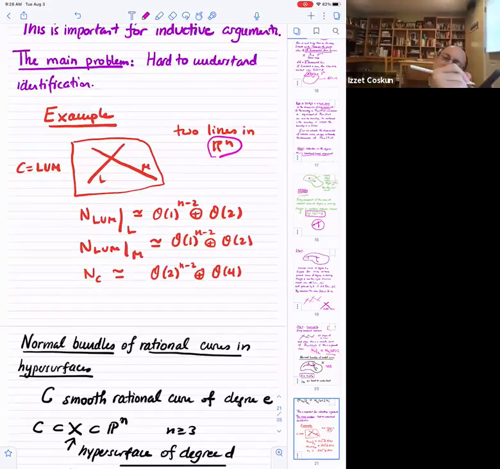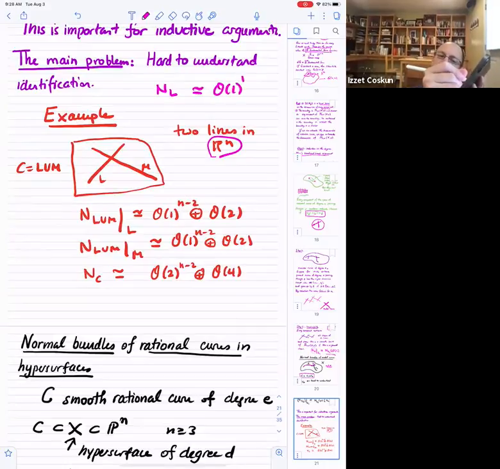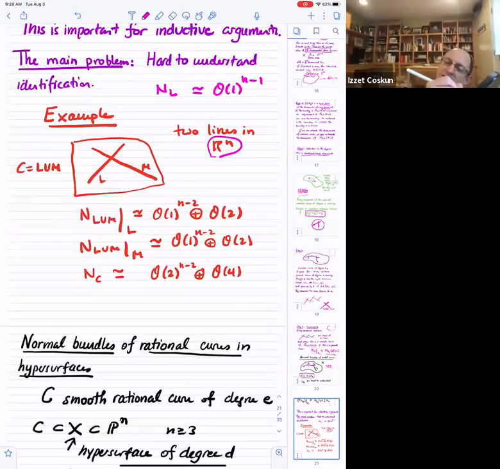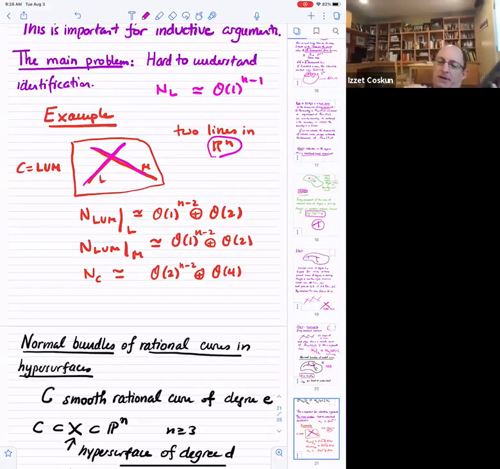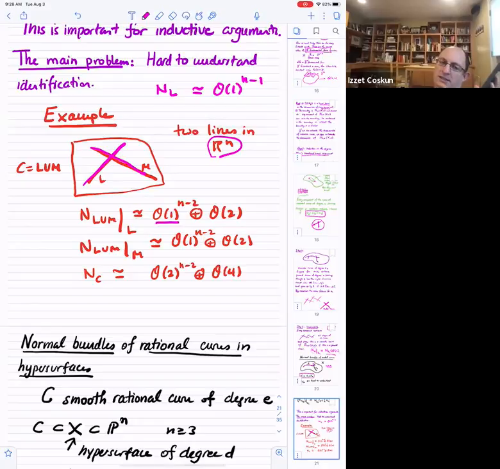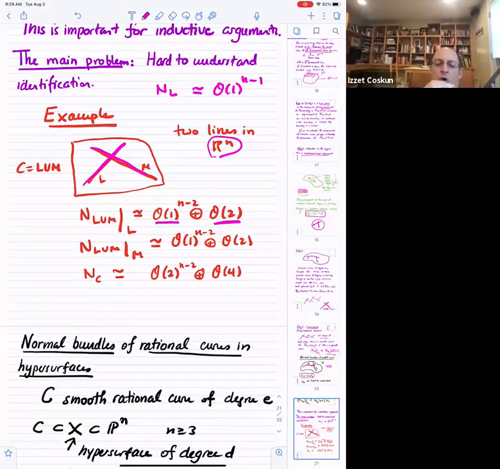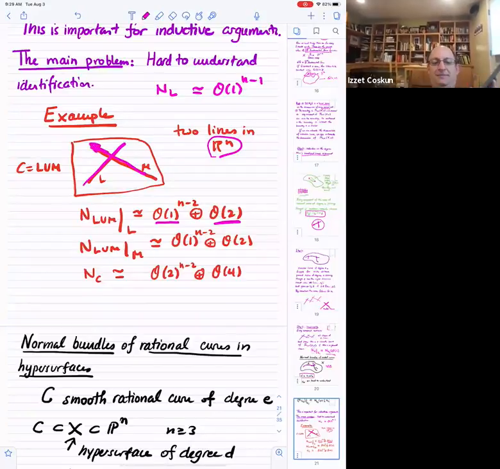The normal bundle of a line, we already said, is O(1)^(n-1), okay? So if I look at the union of these curves and ask what the normal bundle is, what we are saying is it's O(1)^(n-2), and I get an O(2) in the direction of this line, yeah?